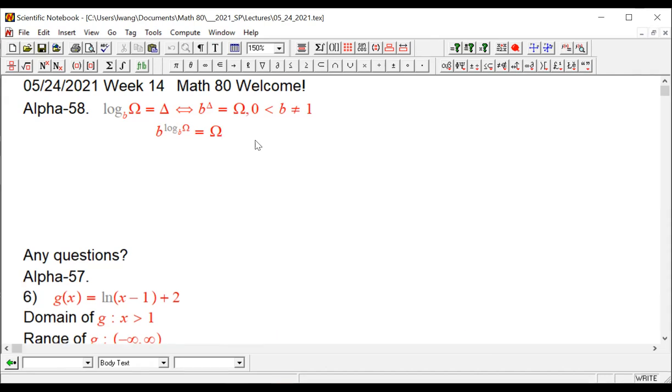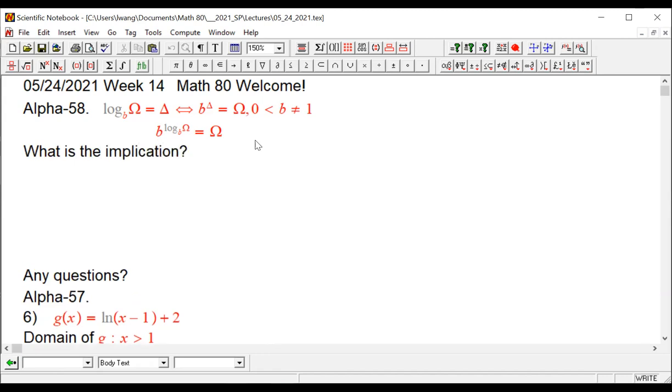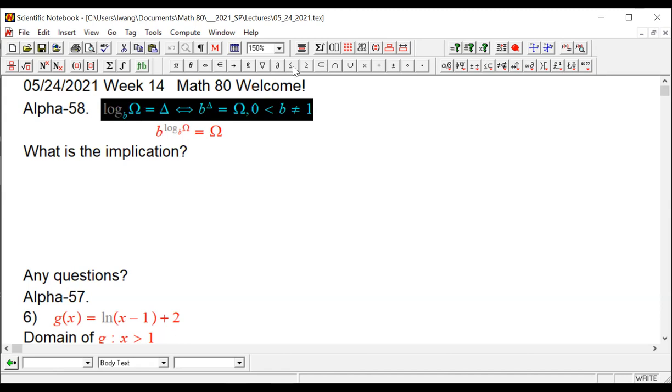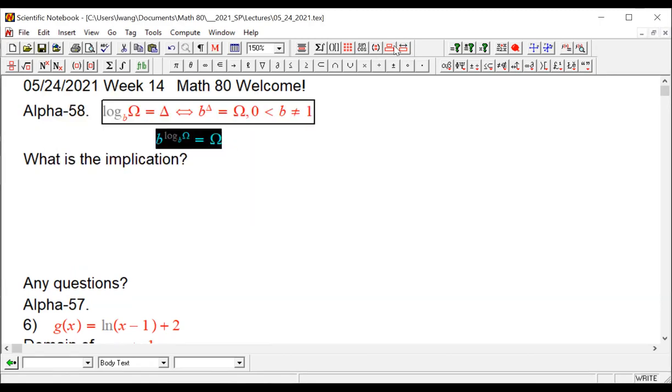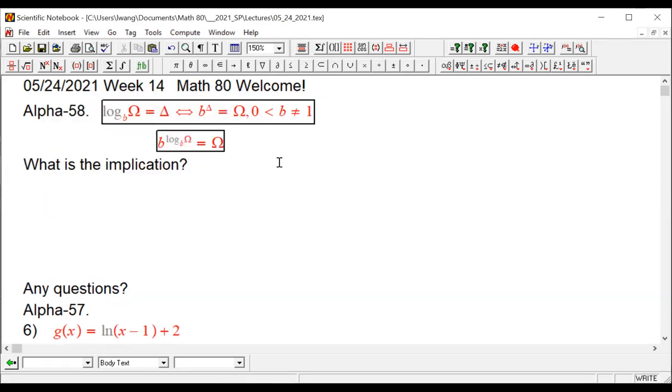But with this action, what is the implication of doing this, going from the definition to this identity? What does this mean?